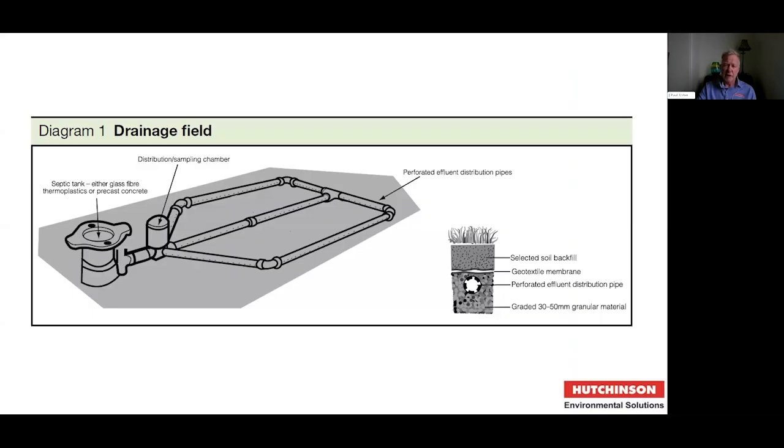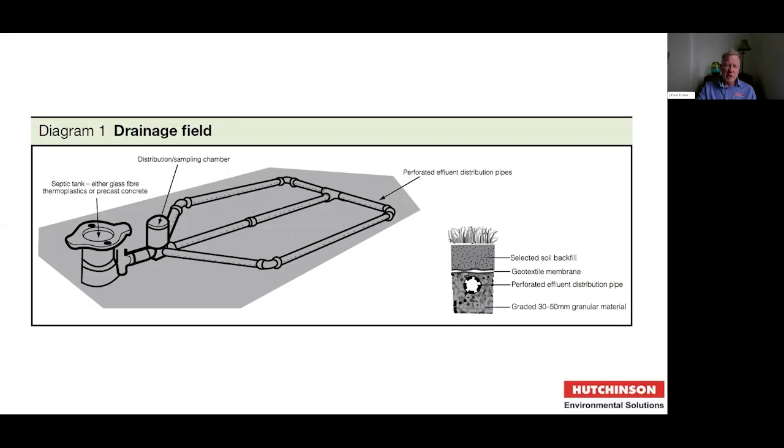So you have a slotted pipe which allows the water to go out into the drainage field. Underneath the slotted pipe and around it, you generally have 40mm clean stone, which allows the development of a bacterial colony within the drainage field. You have a geotextile membrane above the pipe, and then you put soil back on the top.